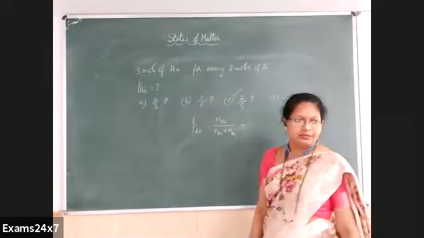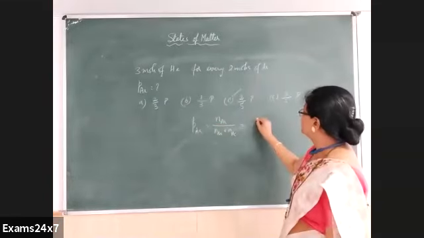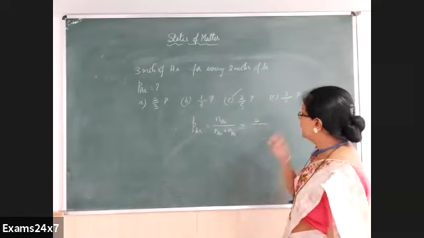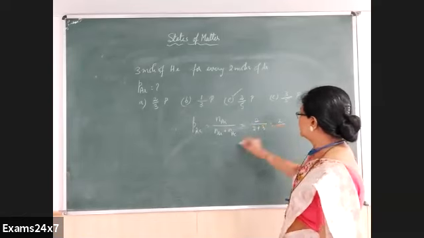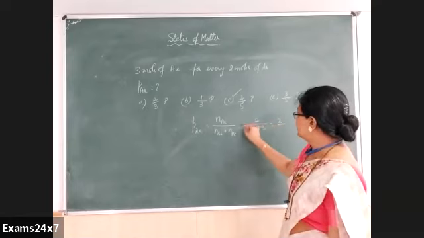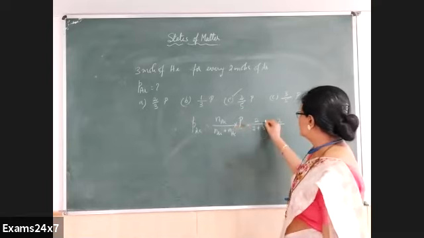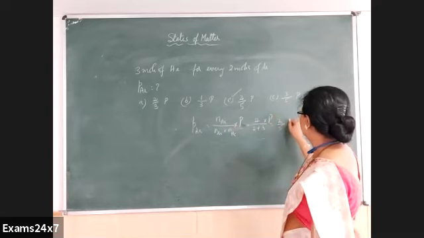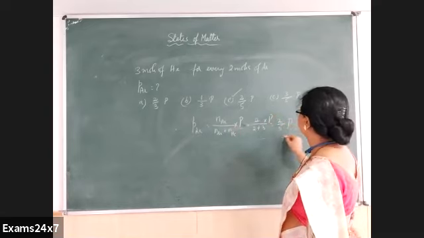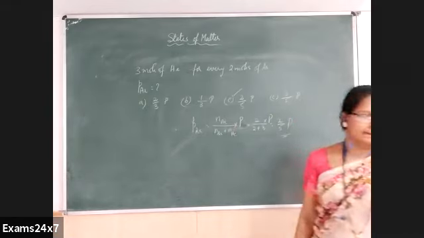That is 2 divided by 2 plus 3, multiplied by total pressure, which gives 2 by 5 P. That is option C.